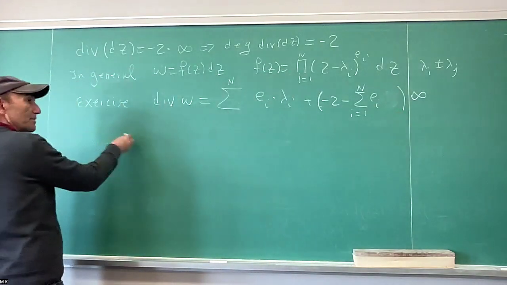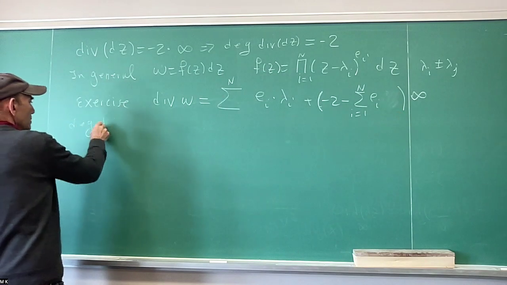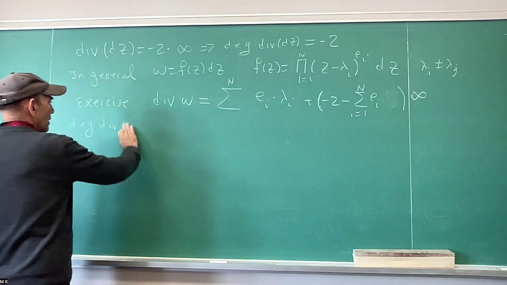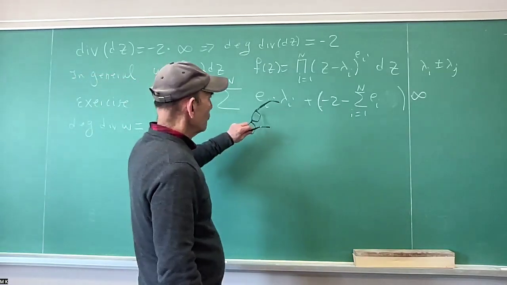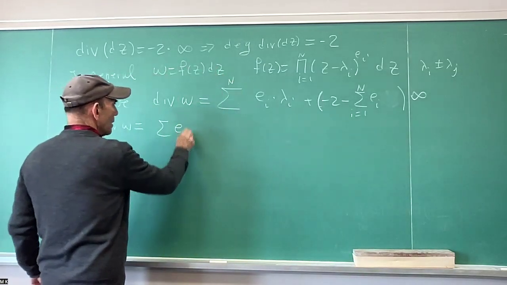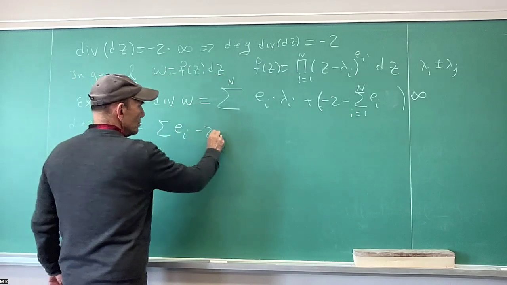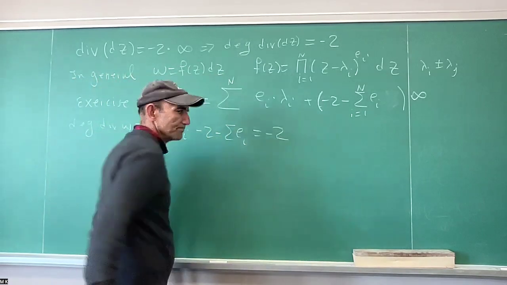Again, let's look at the degree of this divisor. When you compute the degree, you see there is the sum of e_i, then minus 2 minus the sum of e_i, which is again minus 2.